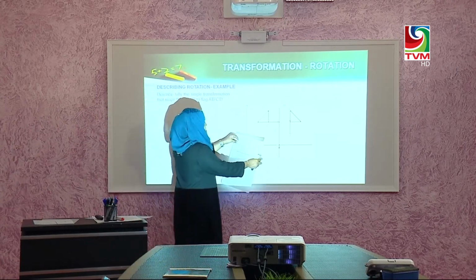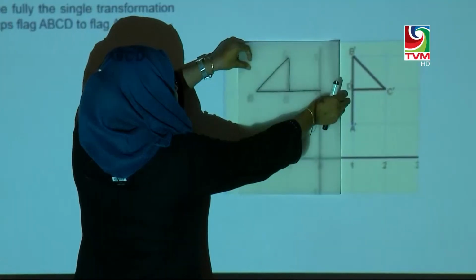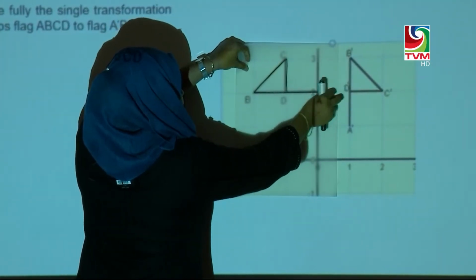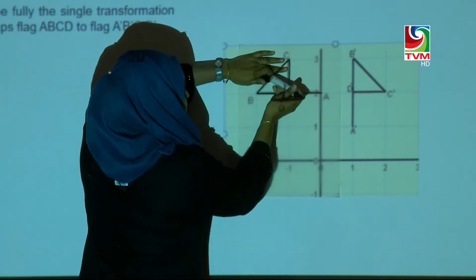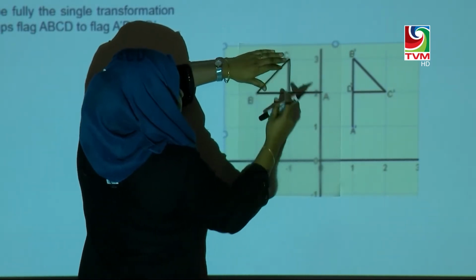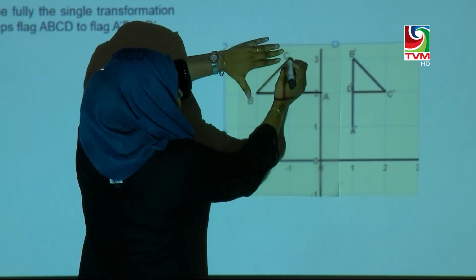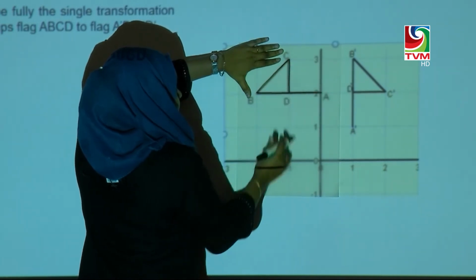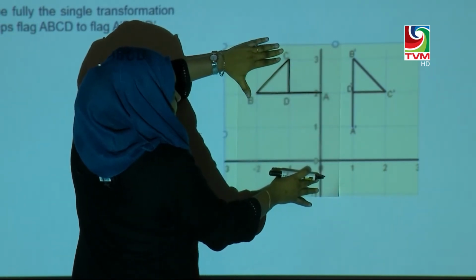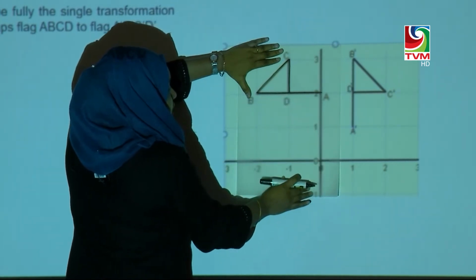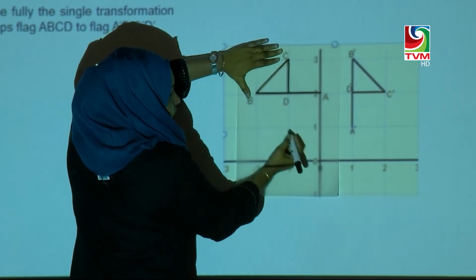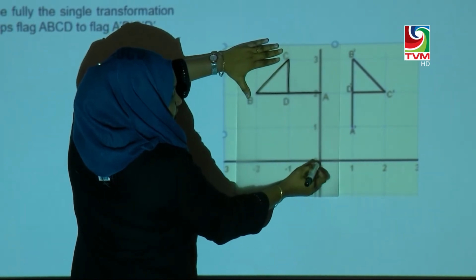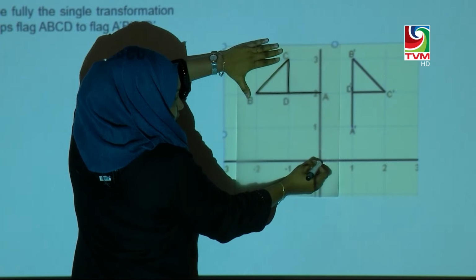I am going to place the tracing paper over the object and then trace the outline of the object onto the tracing paper. Now I am going to make a guess where the center could be. I am going to start with 0, 0.